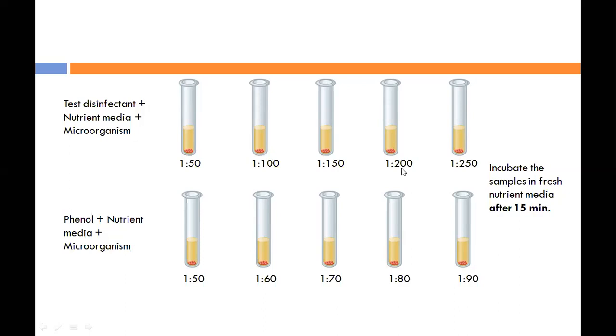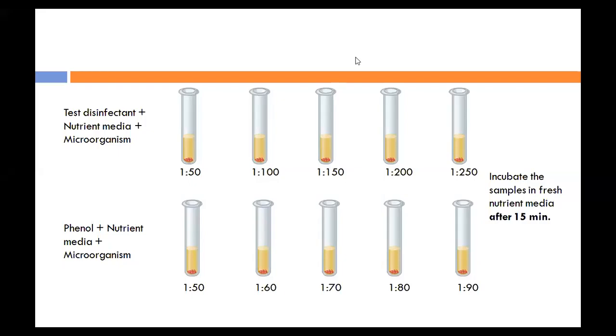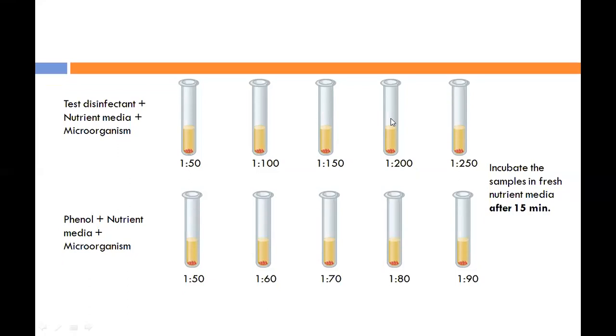But if you increase the incubation time to 10 minutes and 15 minutes, maybe even the lowest concentration will be able to kill the organisms. So because of the longer time period, these lower concentrations will be able to kill the organisms.